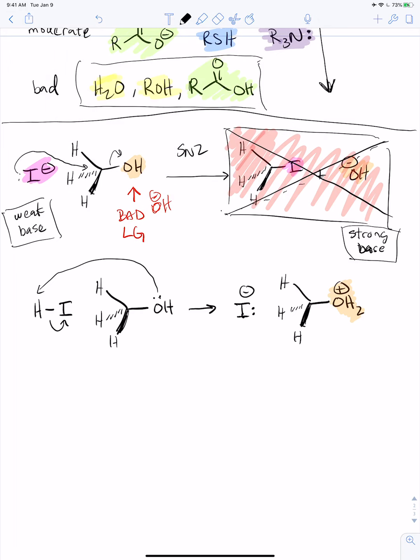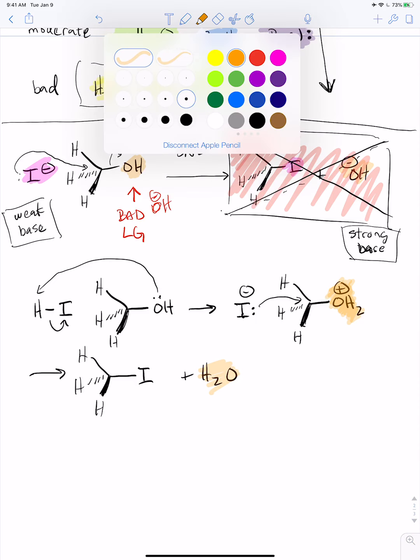But here, in this situation, now our leaving group is OH2. So what's our leaving group? Really, it's water, which we know is a very weak base. Now, this reaction can happen, because our leaving group is a weak base.